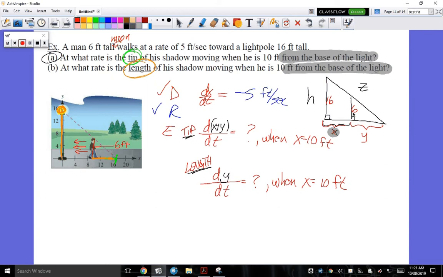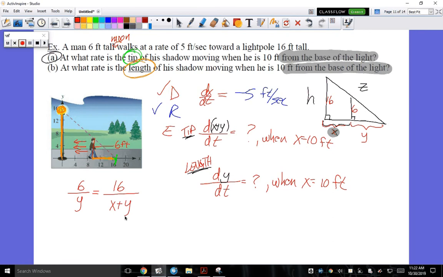It's a proportion. So 6 over y, or you could put y over 6. The height to the base is proportional to the height, you with me? To the base.